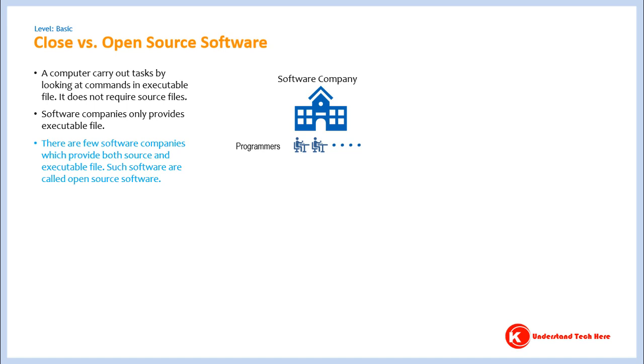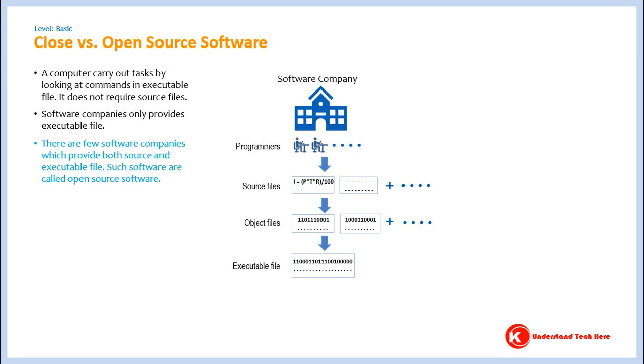After finishing typing commands, when they save commands, files will be created. These files are source files. Now you compile each of these files, and object files will be created. You combine all object files and after going through a few other steps, finally an executable file will be created.